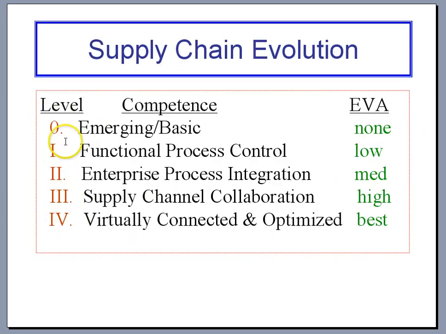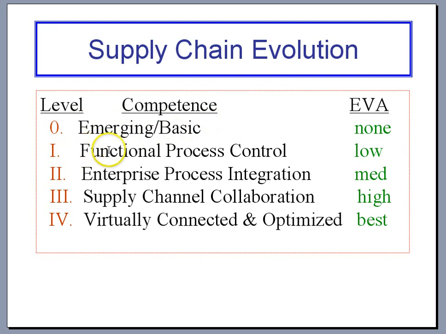So we have 4 levels of supply chain competency, and you'll notice over here the amount of economic value created by each of the levels goes up as we become more sophisticated, more competent. Level 0 is emerging or basic. It's a company that just launched and is just getting by on its technology or product competency, but has not yet emerged to where it has a supply chain requirement.